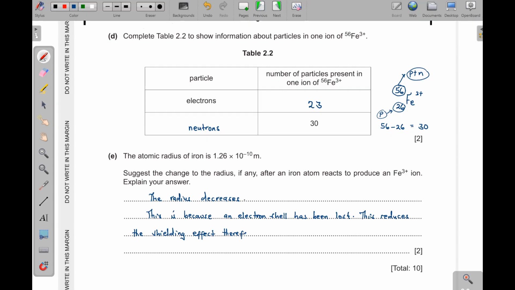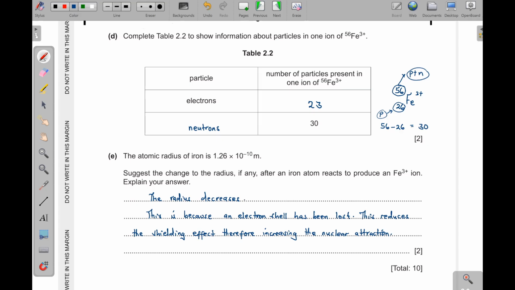Therefore, increasing the nuclear attraction for the outermost electrons. So in that case, as it pulls those electrons towards itself, the nucleus, okay, then the radius has to decrease.